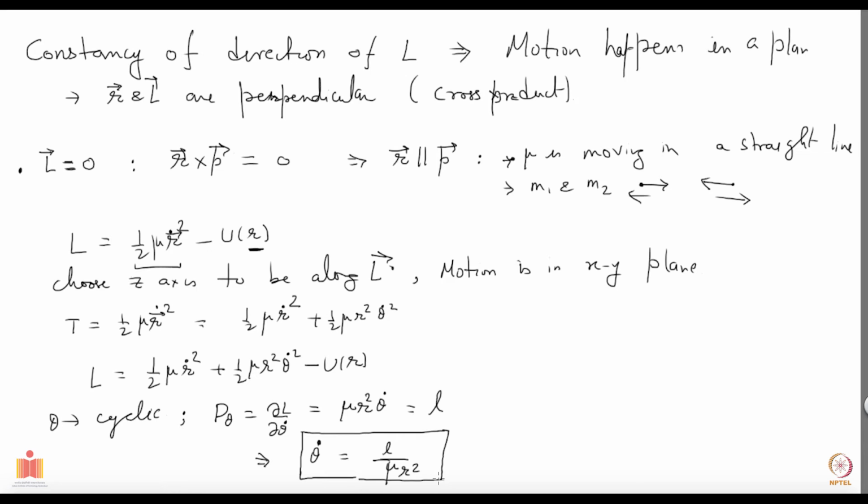Now I want to make a quick interpretation of what I have got. Okay, what this condition of conservation of angular momentum here in terms of this expression implies.